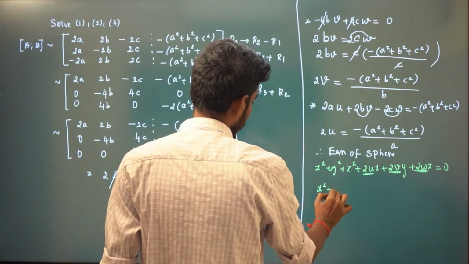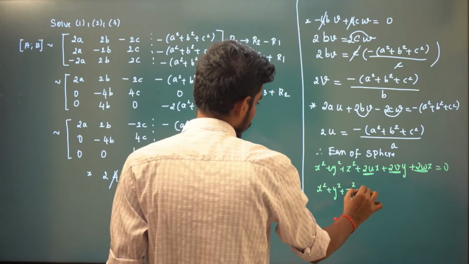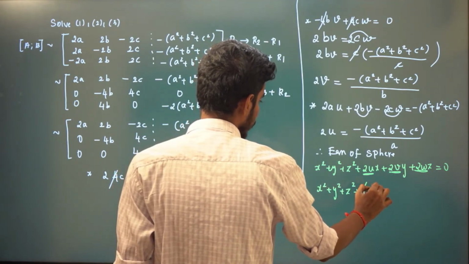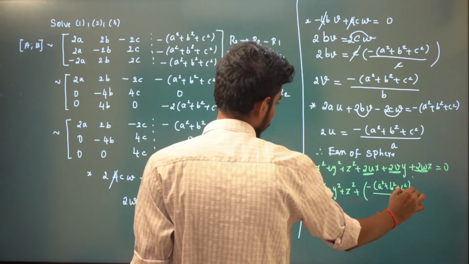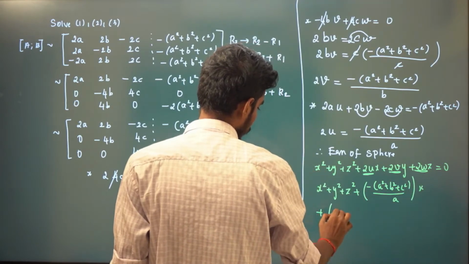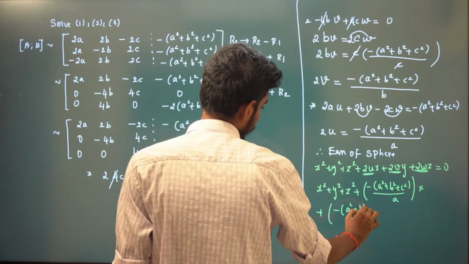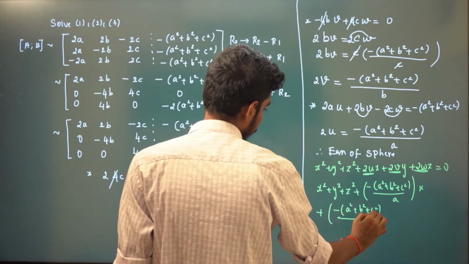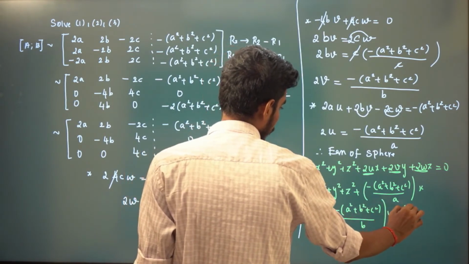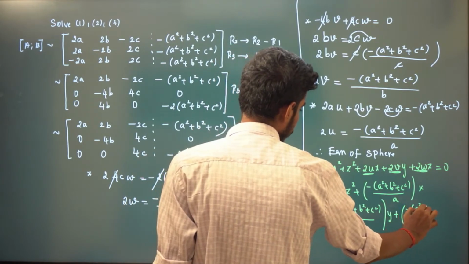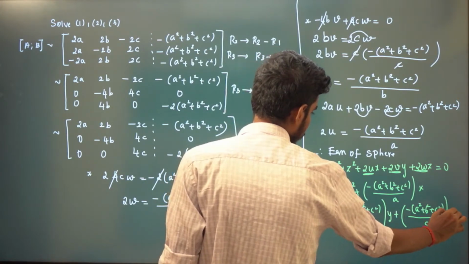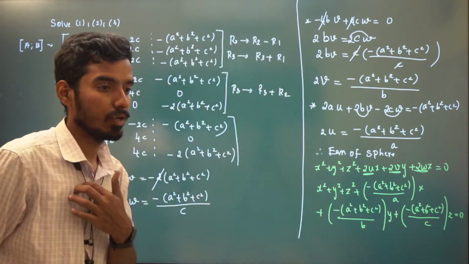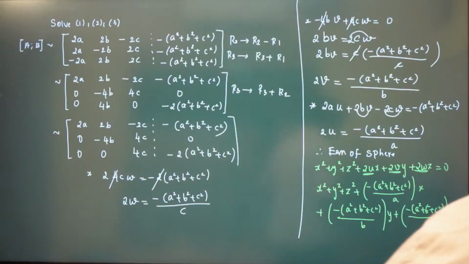So we will have x square plus y square plus z square, and instead of 2u, I'm writing minus of a square plus b square plus c square divided by a into x, minus of a square plus b square plus c square divided by b into y, minus of a square plus b square plus c square divided by c into z equal to 0. So this is the required equation of sphere that is passing through these 4 points, right?